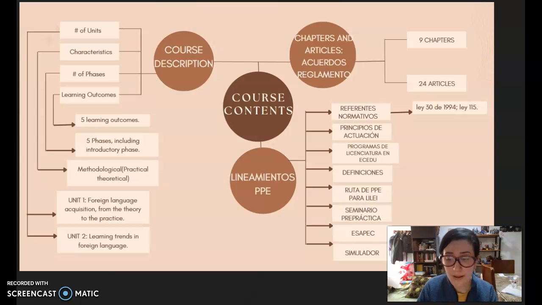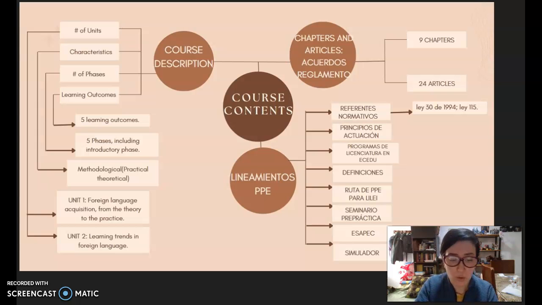Then we have the ESAPEC, which stands for Estrategia de Acompañamiento Sincrónico Virtual. This is mandatory for all the students who are making their practice, and it's a strategy to accompany us as the students that are making the practice. It has some additional hours, like 6 hours, 3 in phase number 2 and 3 in phase number 4 of the subject.